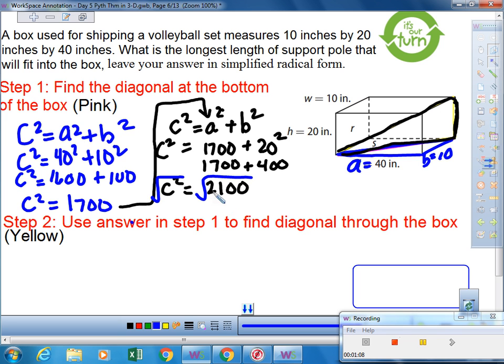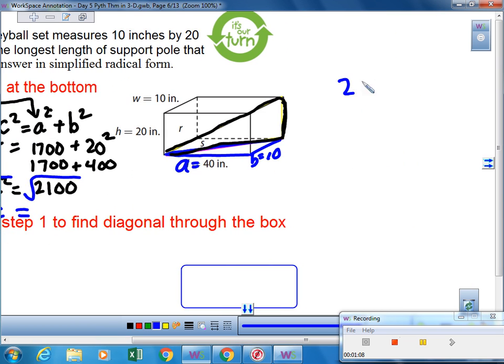Now I'm going to take the square root. After you completed the second problem, now you can factor. No calculators. All of them, you're going to leave your answer in simple radical form. Let's factor 2100. So what times what is 21? Yes. 3 times 7. So I'm just going to add a 0 to both of those, because 30 times 70 is 2100.